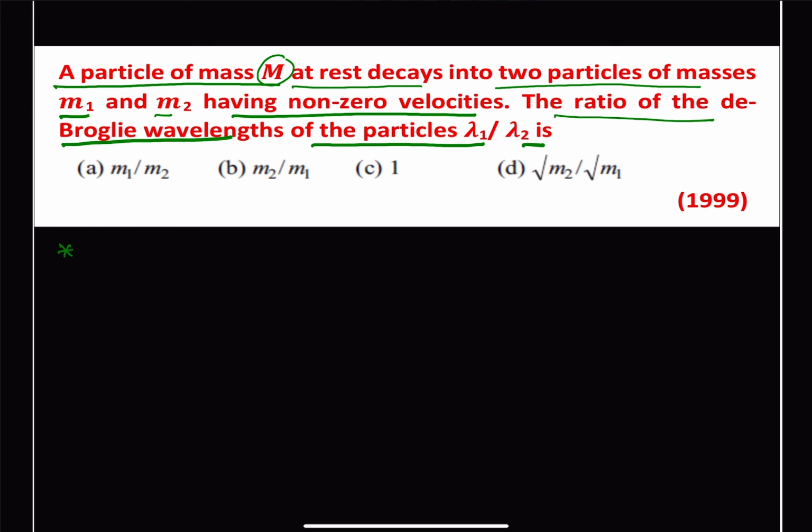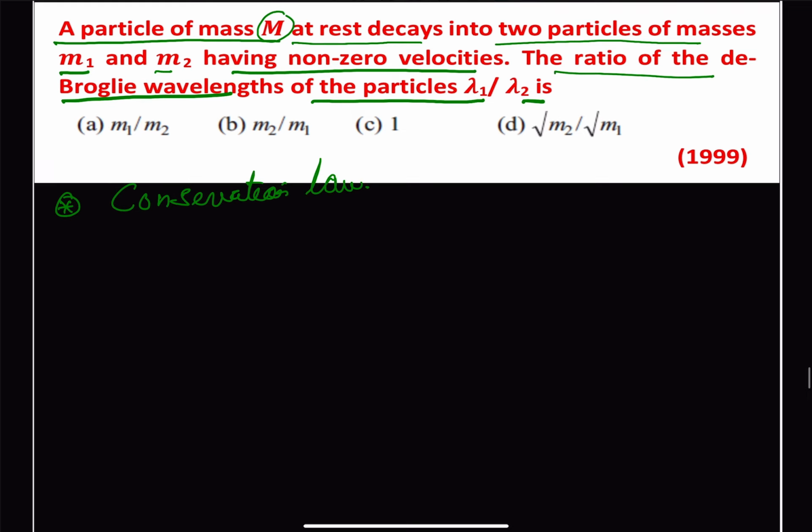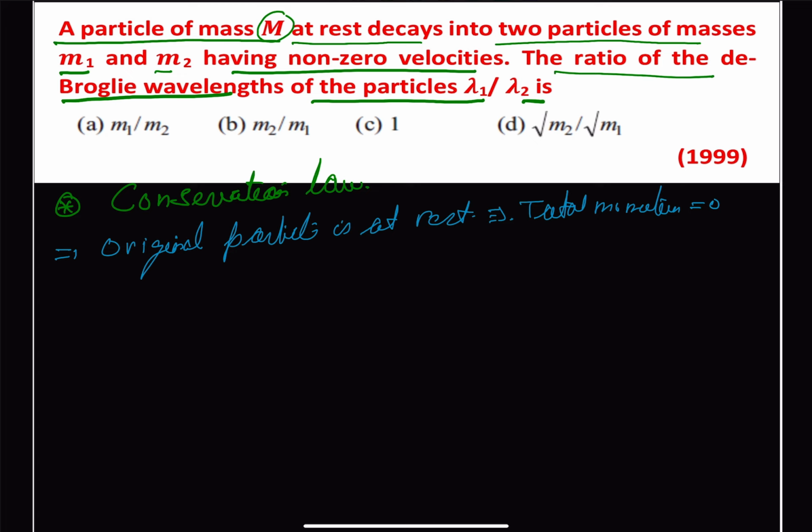Conservation of momentum states that the original particle is at rest, which basically means that our initial momentum should be equal to final momentum, and initial momentum is equal to 0, or we can say our total momentum is equal to 0.